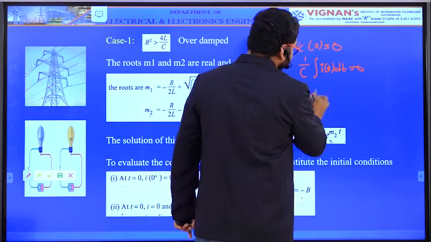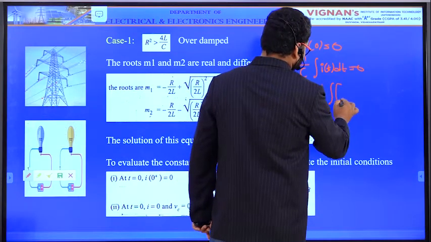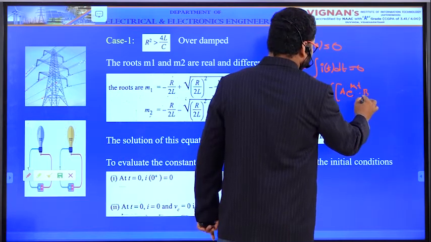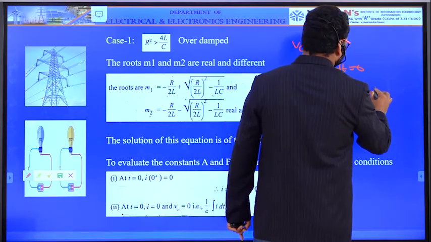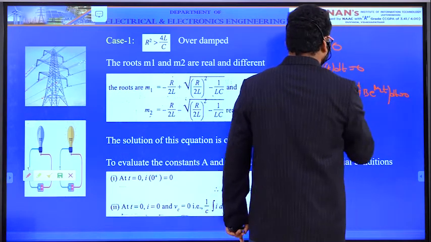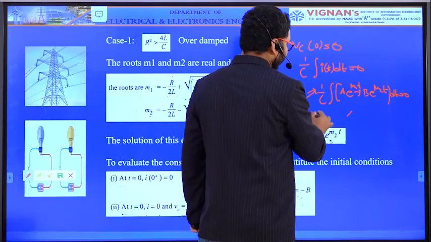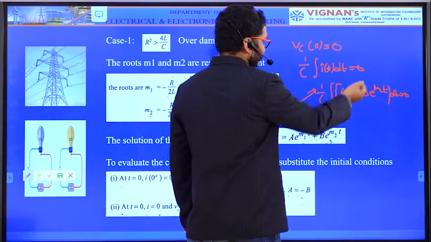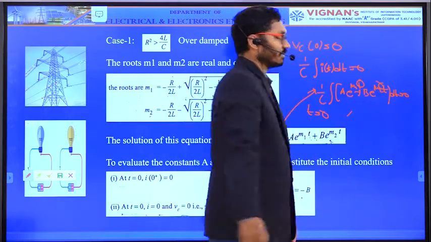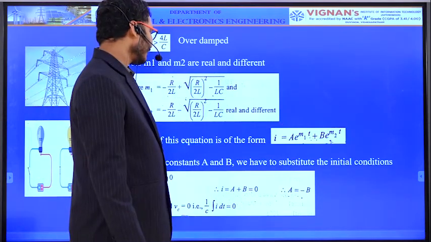So this I of t, integrate it with 1 by C, integrate this value, a e to the power of m1t plus b e to the power of m2t dt from 0, then integrate it. So substitute at t equals to 0, this is the value at t equals to 0. Otherwise you can do another way.